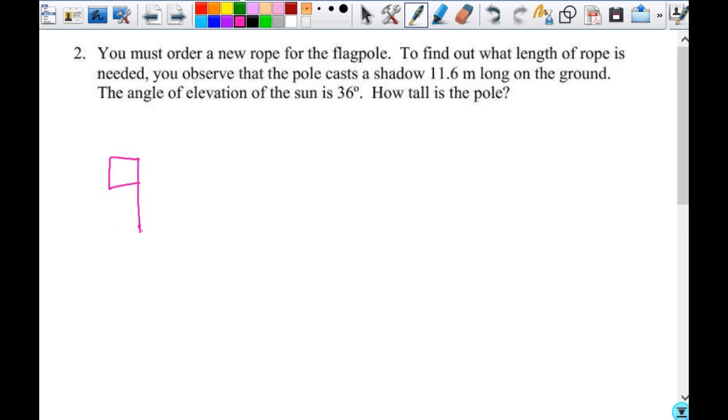And if your flagpole is on the other side and your triangle's flipped around, that's totally fine. And it's going to create a triangle. I'm going to do this not the way I would necessarily do it, but the way that a lot of people do it, and then things get confusing. So there's my flagpole.